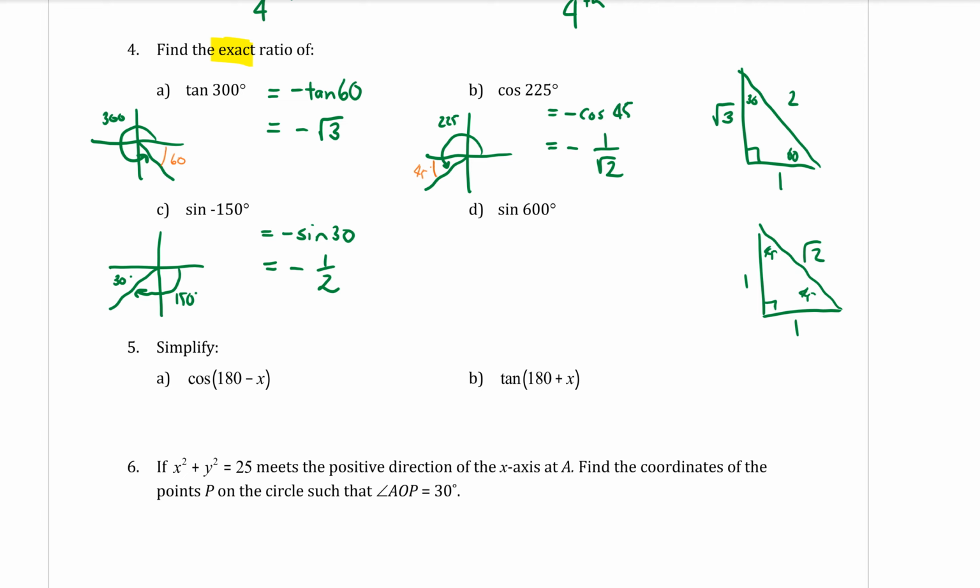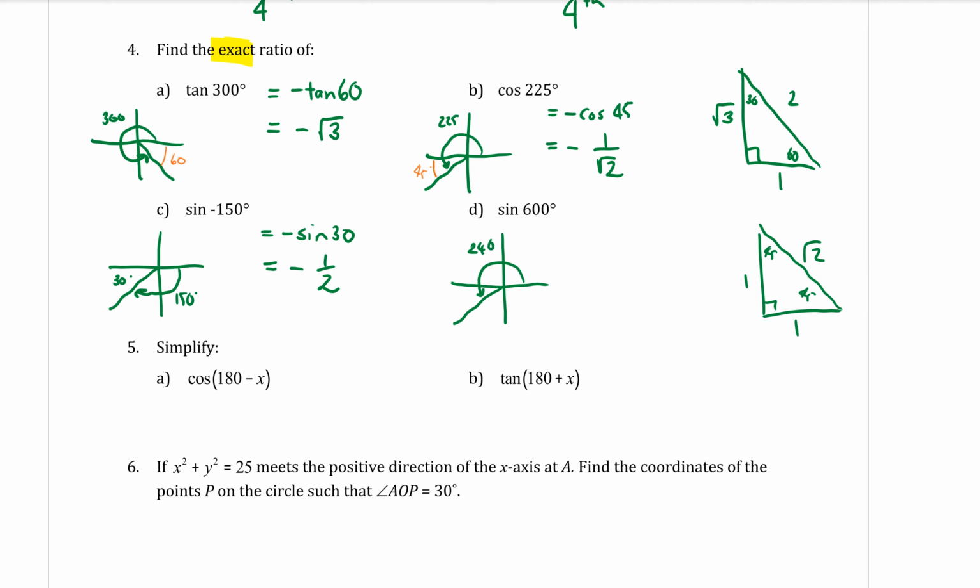We've gone over the 360 mark, which means we just need to subtract 360 off that so we can draw it in our diagram. 600 minus 360 is 240. So on our diagram, 240 is going to be in the third quadrant, like that.